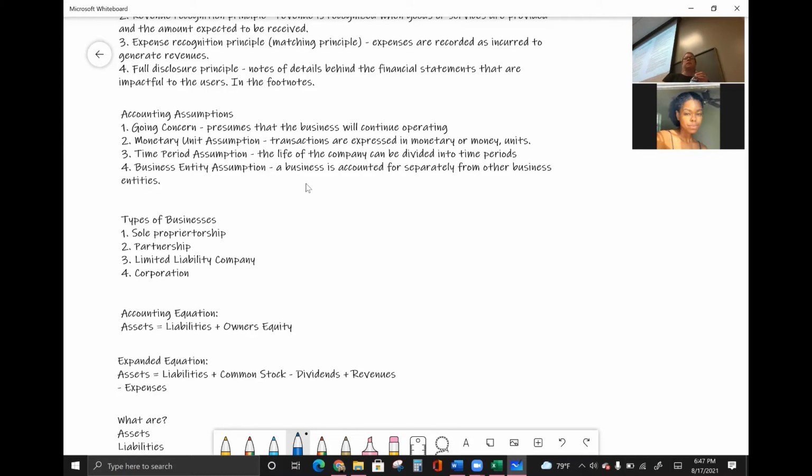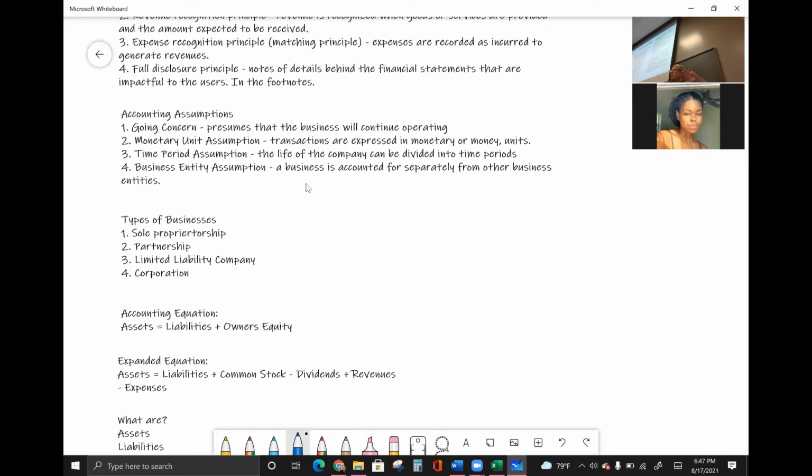Then we have limited liability company, an LLC. I'm sure you're familiar with that. A lot of companies have LLC behind their name. So this is good because you can be a single owner and have a limited liability company. And so what happens is the organization's kind of separate from you. And so the liability, it doesn't always fall on you.